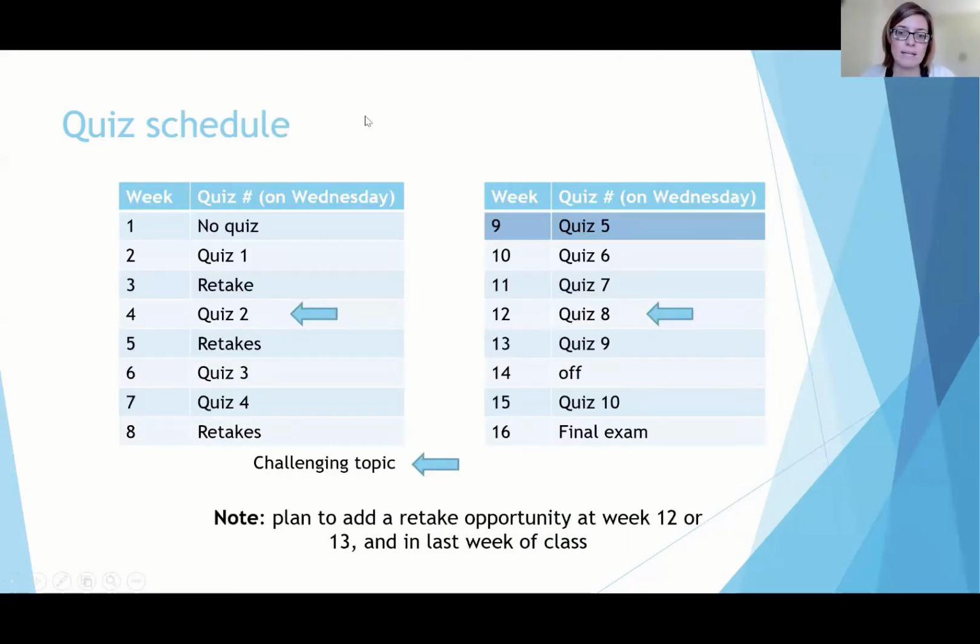So this is my schedule this semester. On the left, you can see the week number and the quiz and when each quiz is offered. So for example, on week 6, I gave for the first time quiz 3, but whoever had not passed quiz 1 and quiz 2, instead of taking quiz 3, took either quiz 1 or 2, depending on where they were.